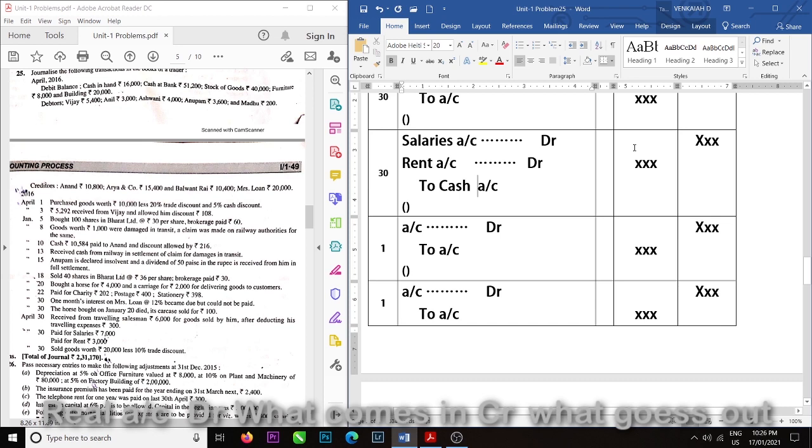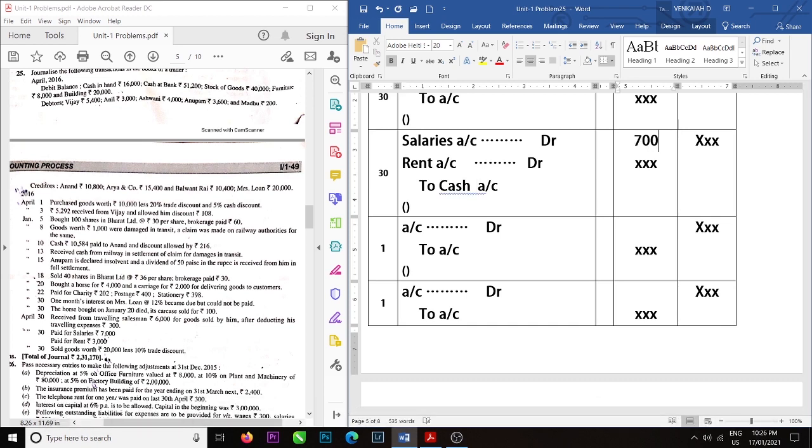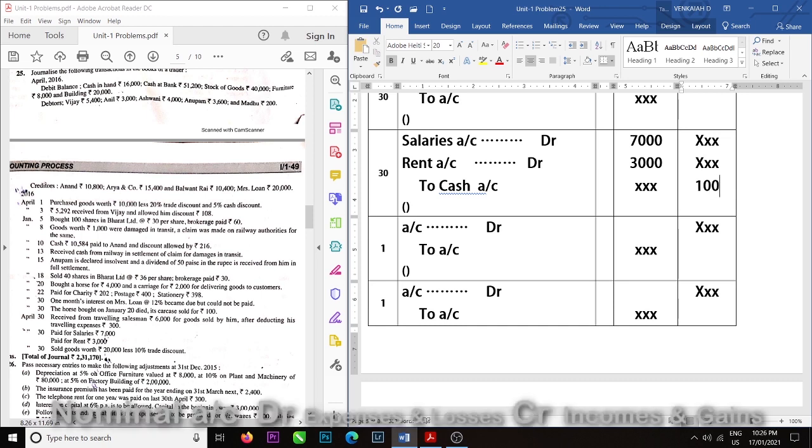Salary is 7,000. Rent amount is 3,000. Total 10,000. Okay, all are expenses. Expenses paid.